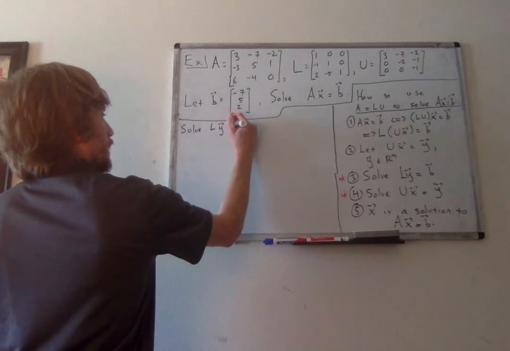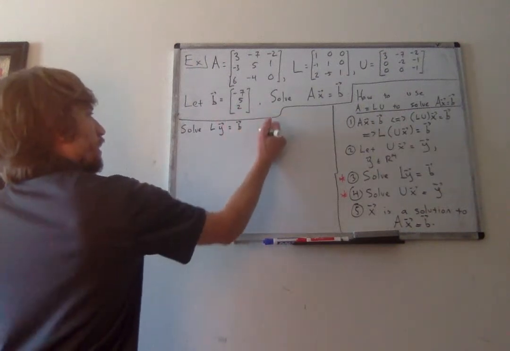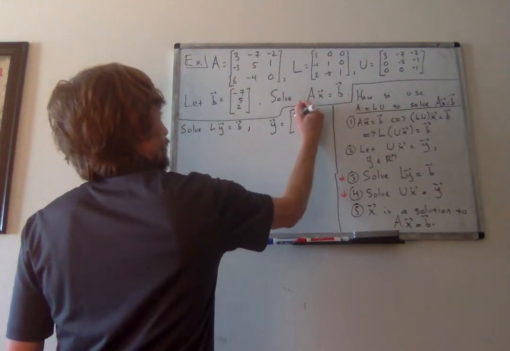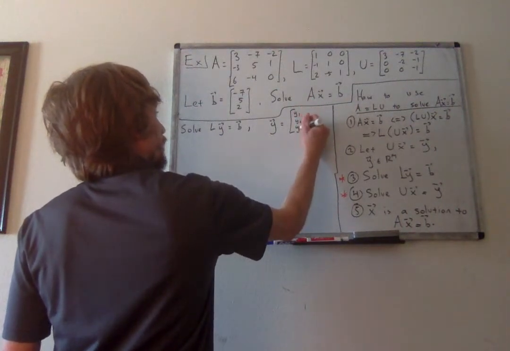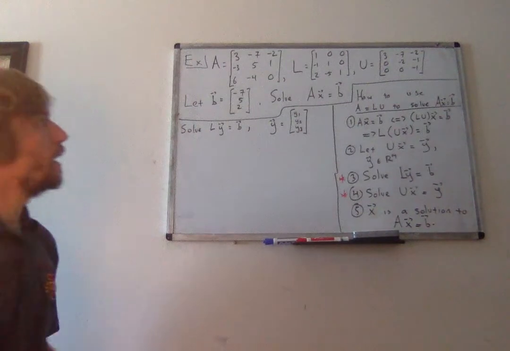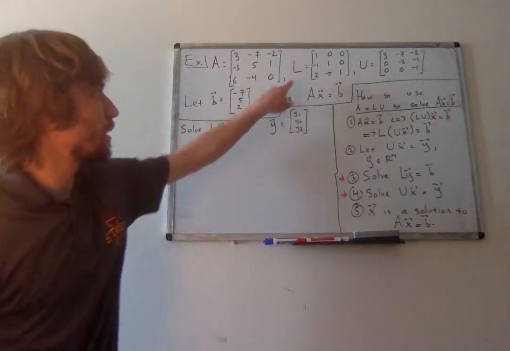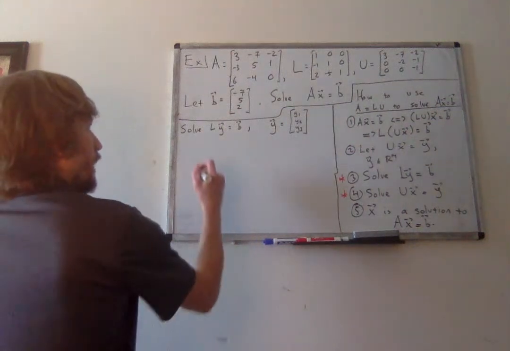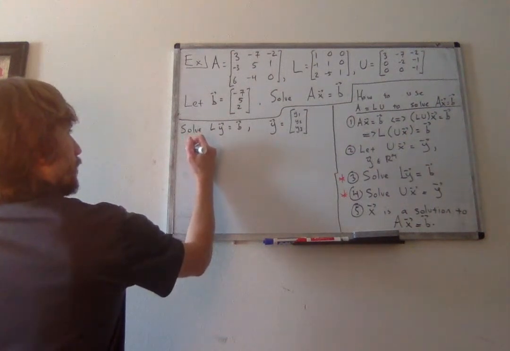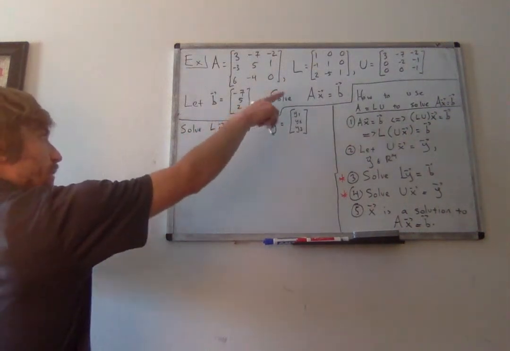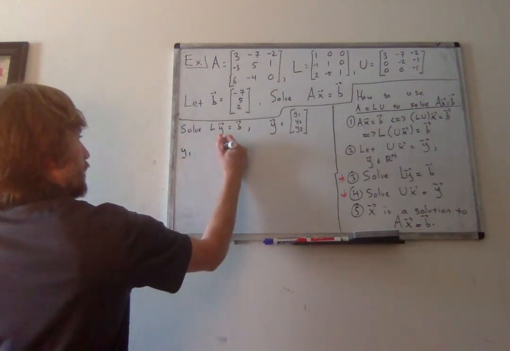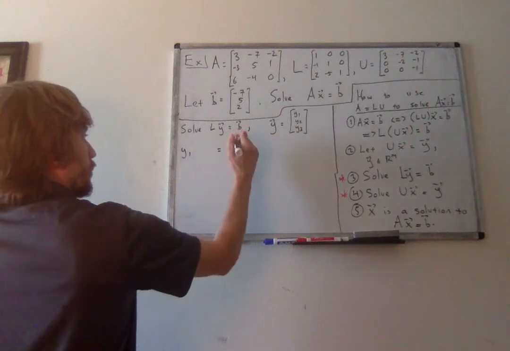So first thing we do is we solve Ly equals B. And so here Y is a vector in R3. Notice we can solve Ly equals B because L is a 3 by 3 matrix, B is a vector of length 3. Given the makeup of L, I get the following equations in this matrix equation.